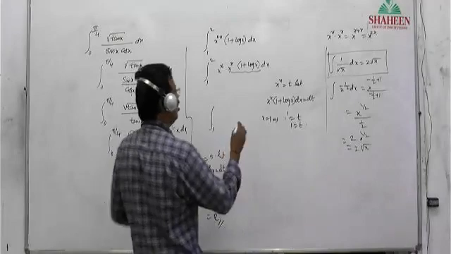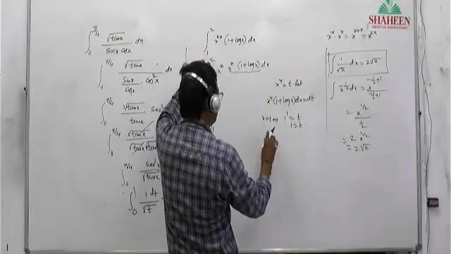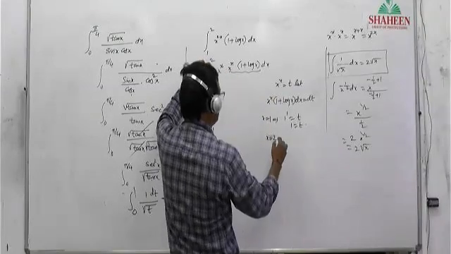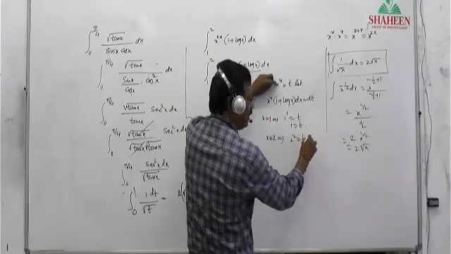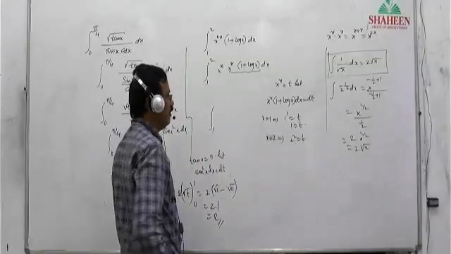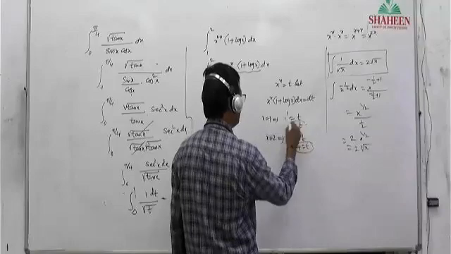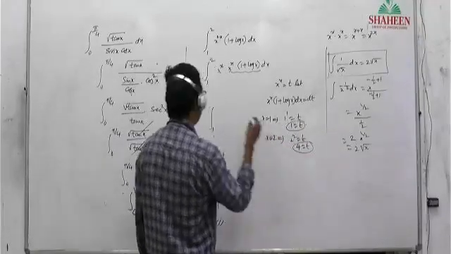And if x is equal to 2, the x limit is 2, then what is the t limit? If x is equal to 2, here write 2 power 2 is equal to t. Is it okay, all of you? Therefore, 2 square is 4, t is equal to 4. Can we write the t lower limit is 1 and the t upper limit is 4?